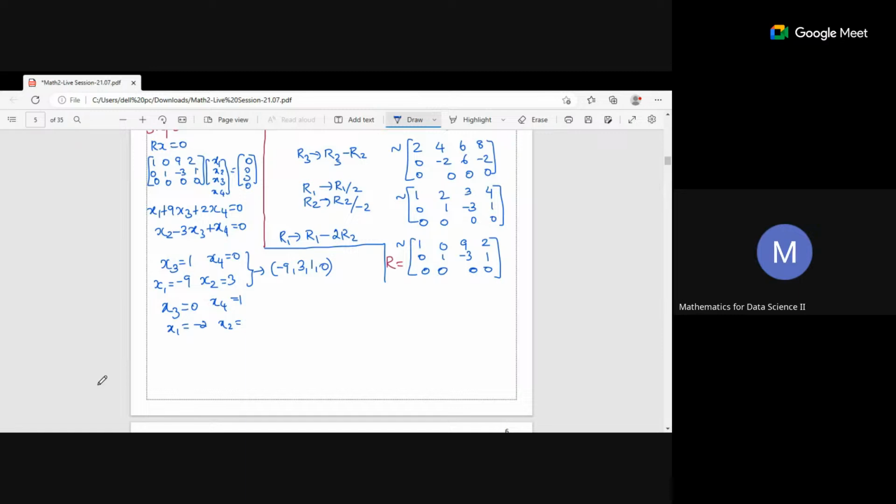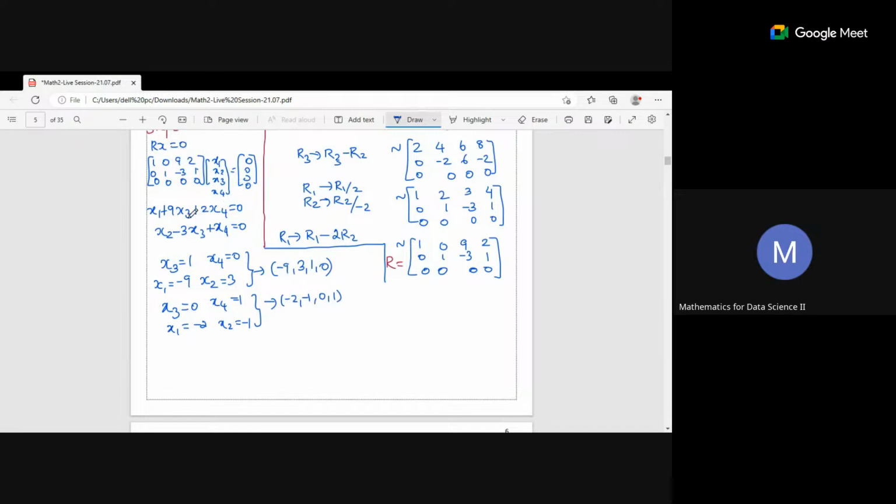Okay. So the vector here correspondingly is (-2, -1, 0, 1). Okay. So now these form a basis for the solution space of Rx = 0.